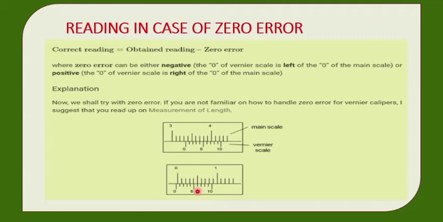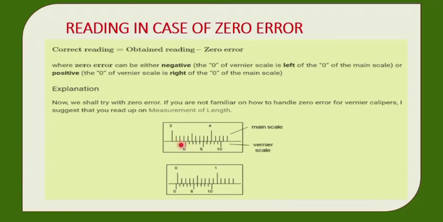From the above diagram, the main scale reading will be 3.3 centimeter and the vernier scale reading will be 4 divisions.